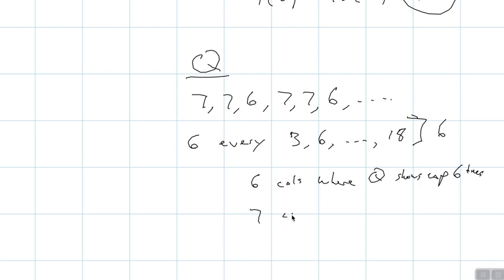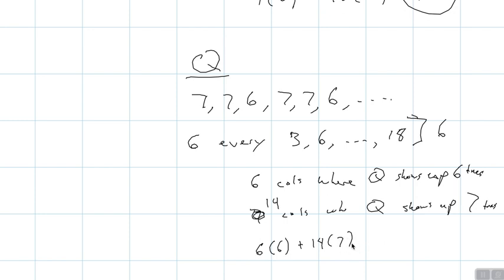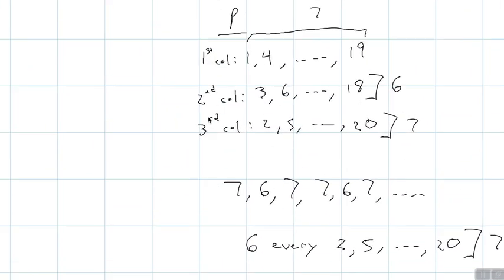And then there are 14, because we need to add to 20 the number of columns where Q shows up 7 times. And so the number of Q's in the table is just going to be 6 times 6 plus 14 times 7, which is going to be 134. So there are 134 Q's in the table.